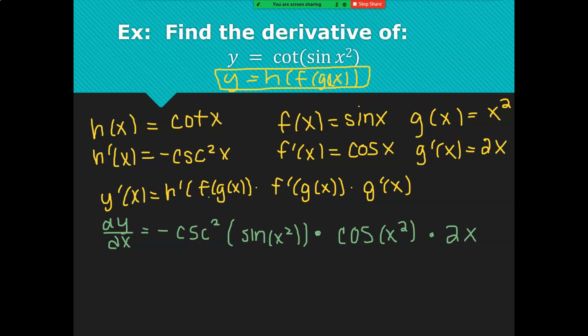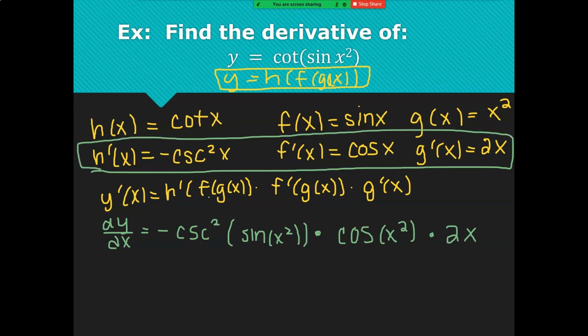So again, everything in yellow you don't actually ever have to do to solve this problem. I just wanted you to have a better understanding of why the problem looks the way it looks. Or if trig derivatives in general give you an issue, you can always write down their individual derivatives before you start.